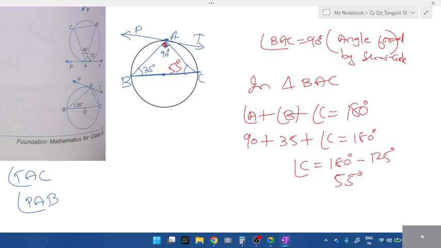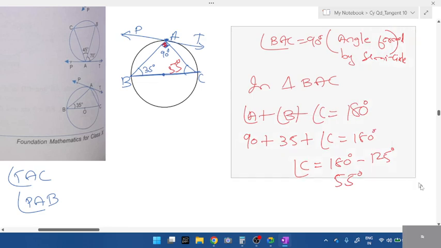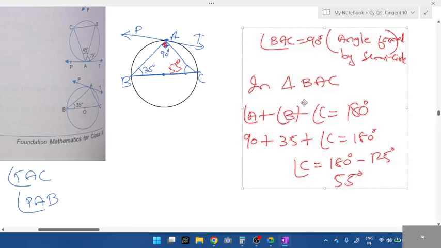Completed. All of you done. 55 degrees. So see, we know outright, all the students, you have done a lot of questions. Just ignore this main alternate segment theorem. Concentrate on the alternate segment theorem. Okay.